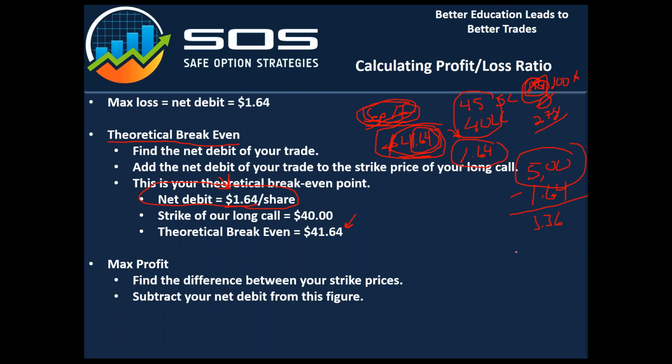Because if we got all the way to the expiration date or any day before expiration, and we got called out at 45, the stock has to be above 45 for us to get called out at 45, right? No one is going to call us out at 45 when the stock is trading at $42 a share.